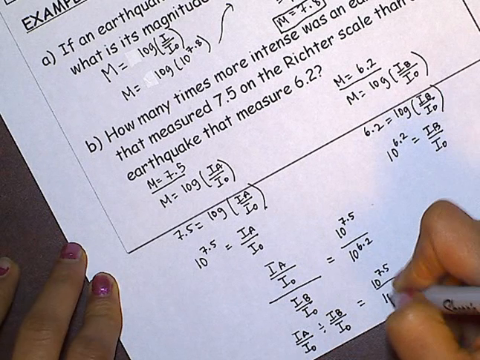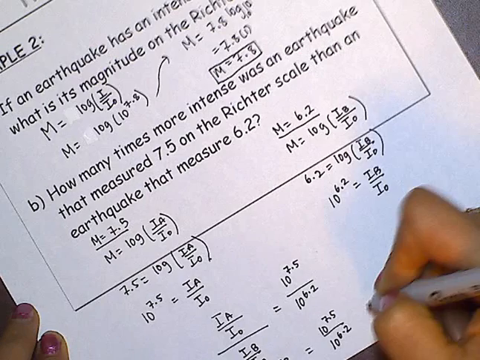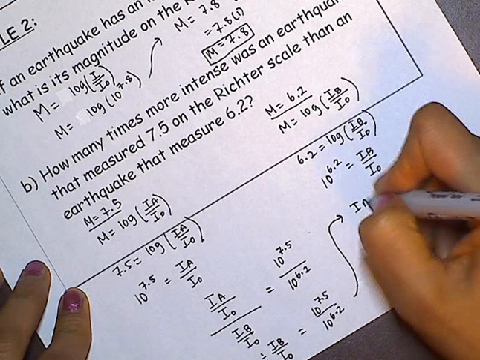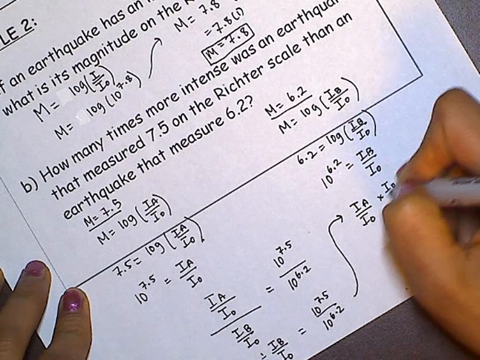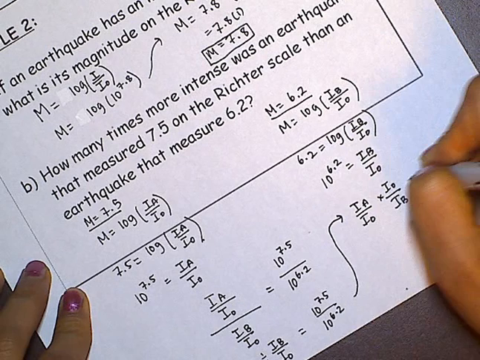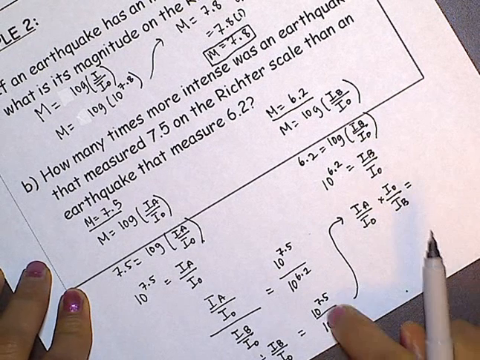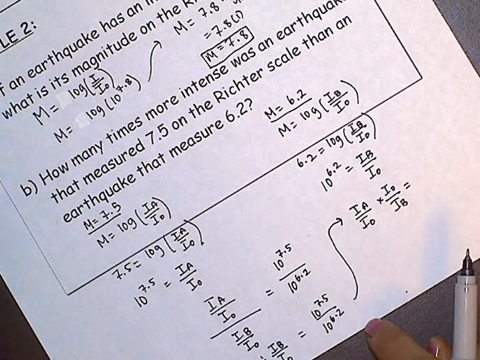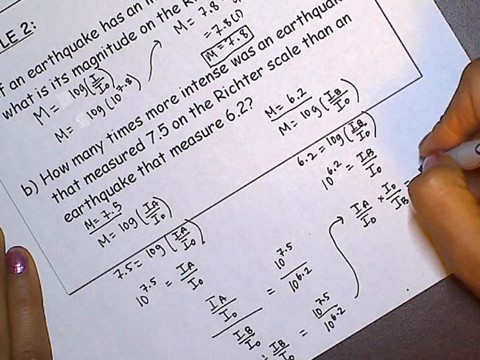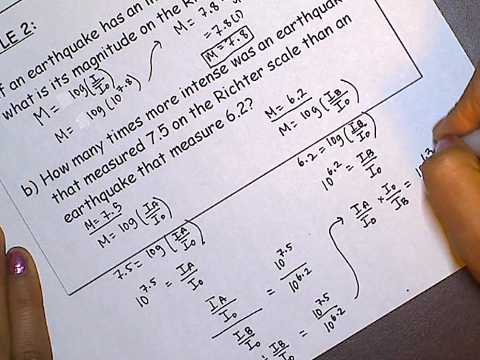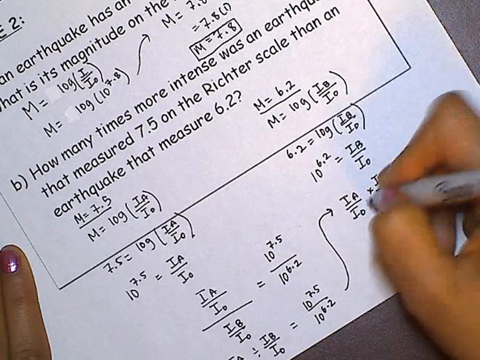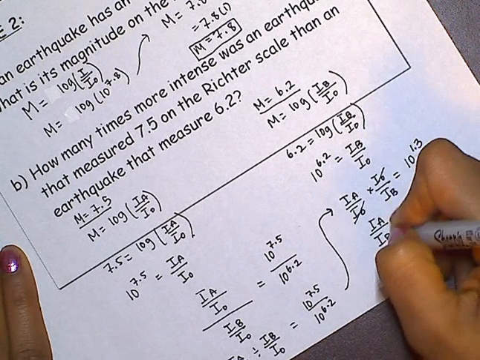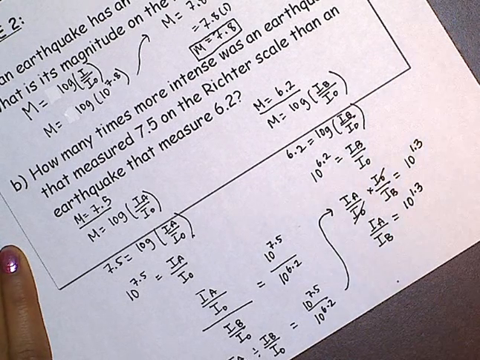Carrying that forward, IA over I naught times I naught over IB equals, when I'm dividing with the same base, I subtract their exponents, and that happens to be 10 to the power of 1.3. Simplifying this, the I naughts cancel, so I have IA over IB equals 10 to the power of 1.3. So IA equals 10 to the power of 1.3 times IB.